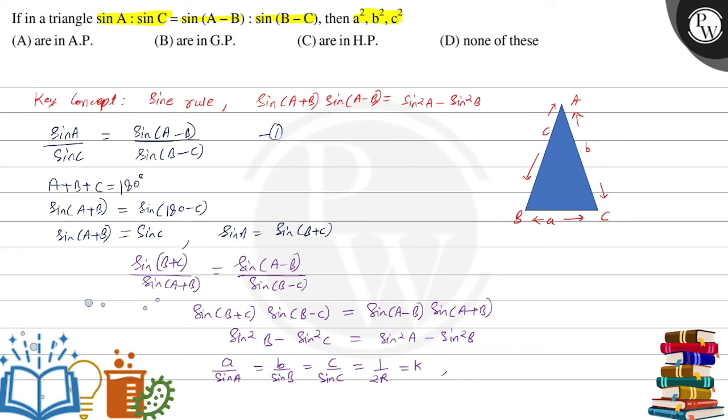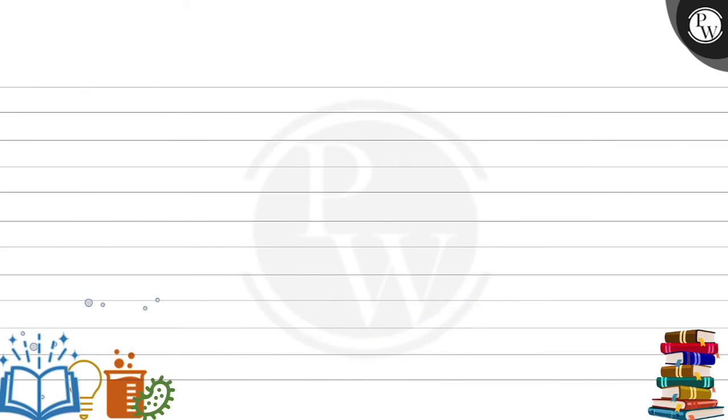So like that we can write it down, and in this way, यहाँ पर आया sin square B minus sin square C, और इस तरफ है sin square A minus sin square B.